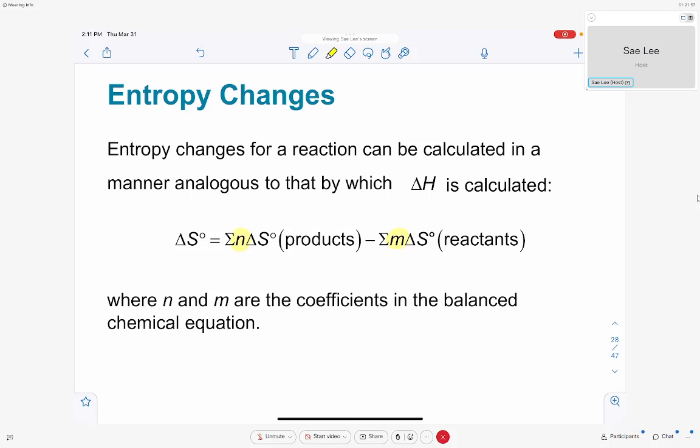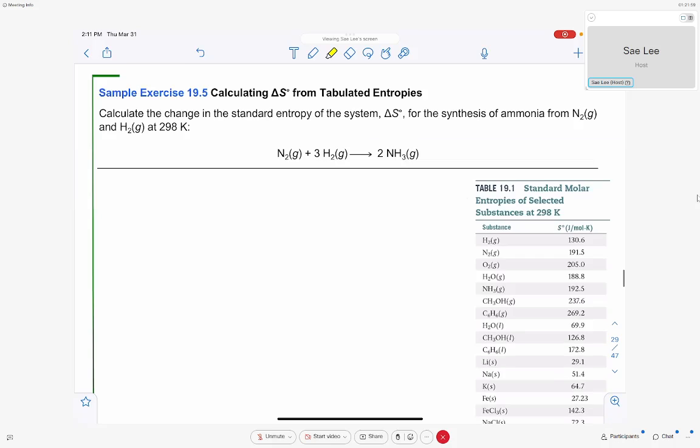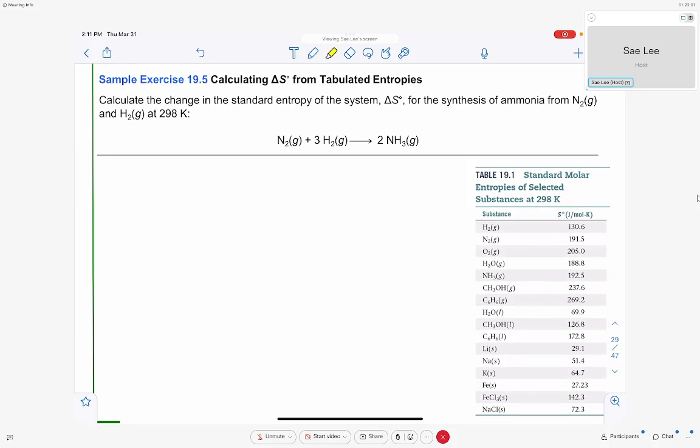Let's try a sample exercise. Calculate the change in standard entropy of the system for the synthesis of ammonia from nitrogen and hydrogen at room temperature, 298 Kelvin.